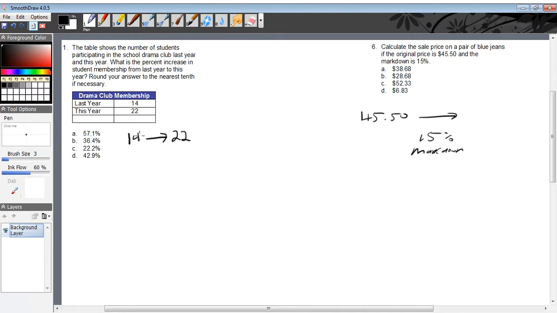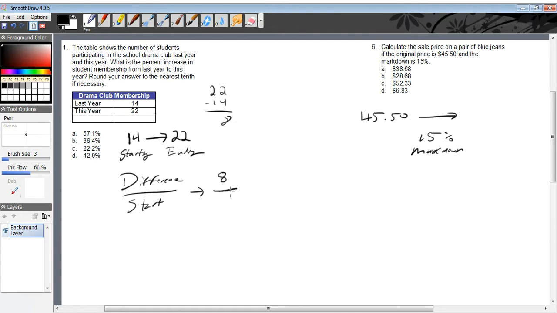So for this one, when we've got the two numbers, our starting point and our ending point, and actually I'm going to label them, starting and ending. Our formula that we're going to use is the difference over where we start. So the difference here is going to be just 22 minus 14, which is going to be 8.